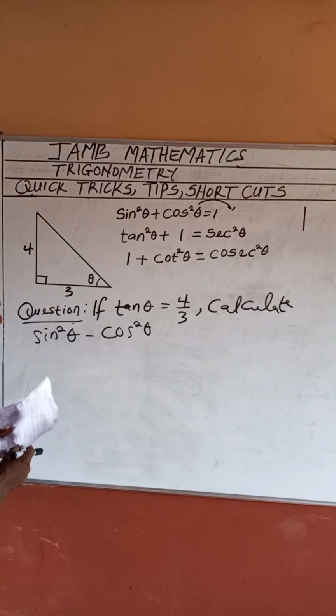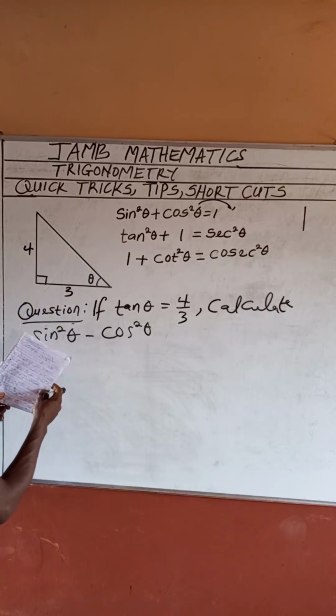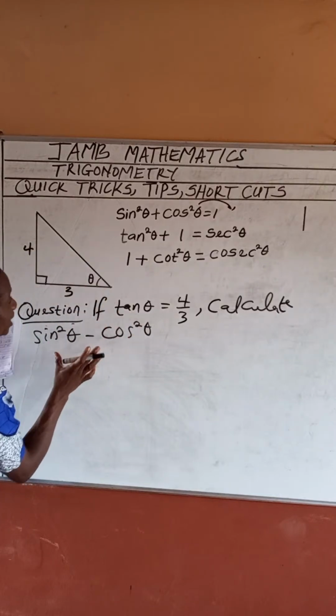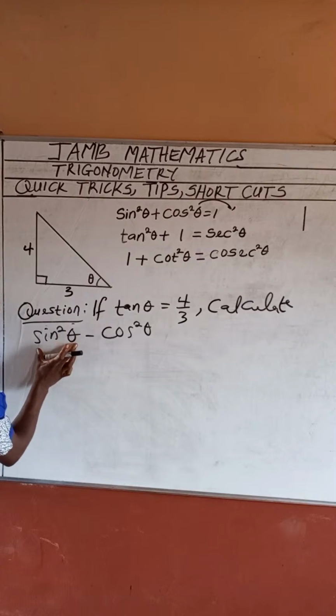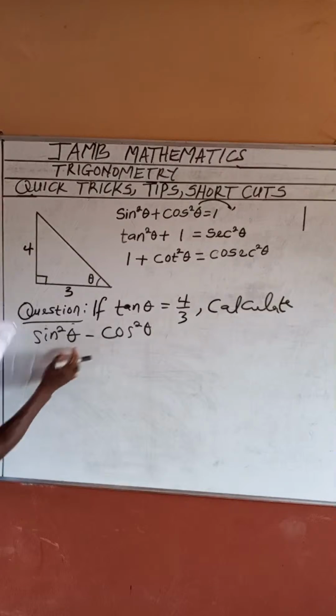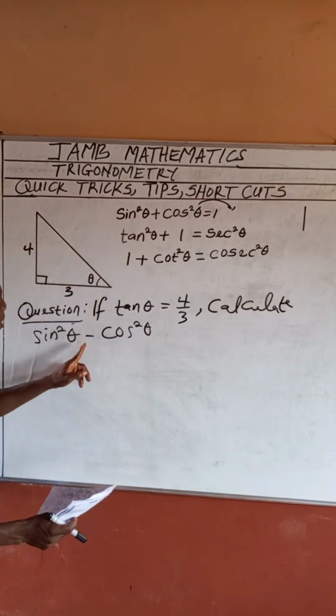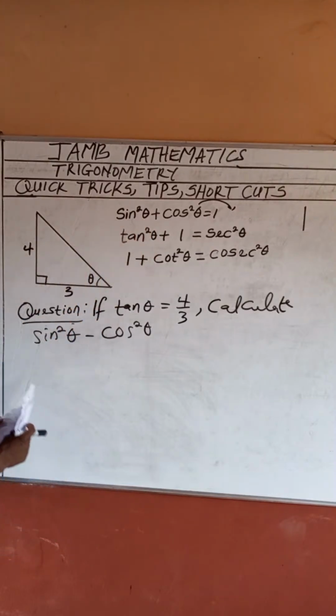Because tan theta is 4 over 3, then calculate this. Let's proceed. This is sine square theta. This is cos square theta. Because this is minus, then here we have plus. Let's assume we found here. What is going to be here?